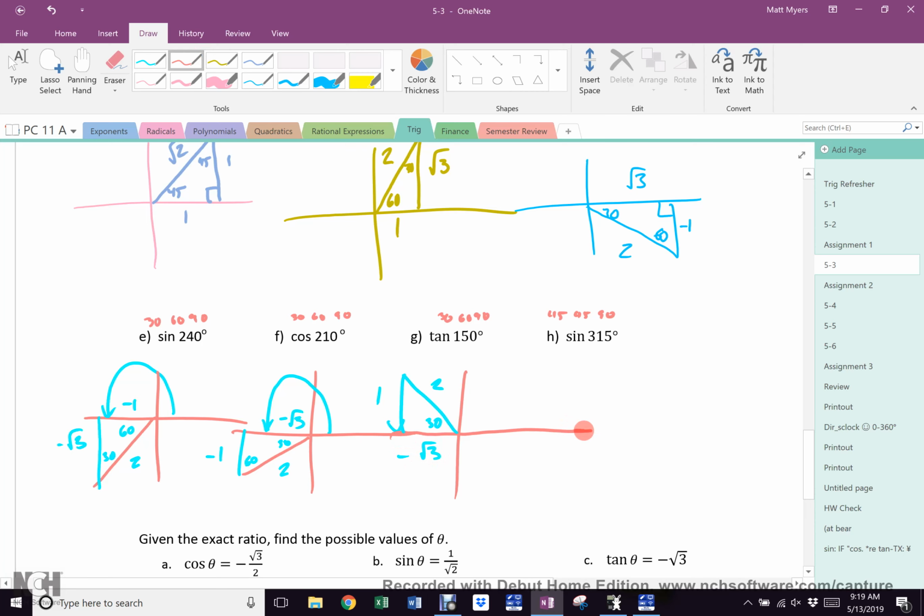And lastly, 315 is down here. What's that? 360. I didn't need to go 360. So what's that? 45. So automatically, what's that? 45. So automatically, what are these two?